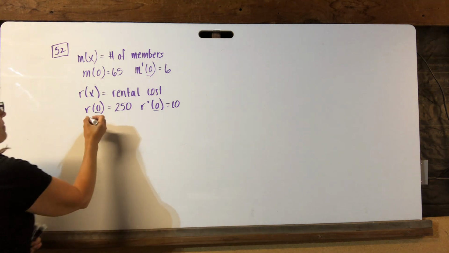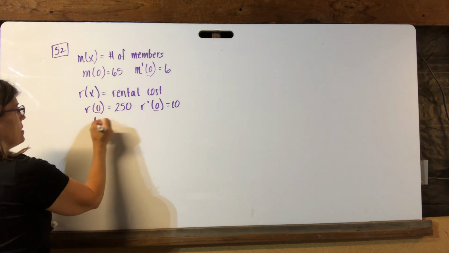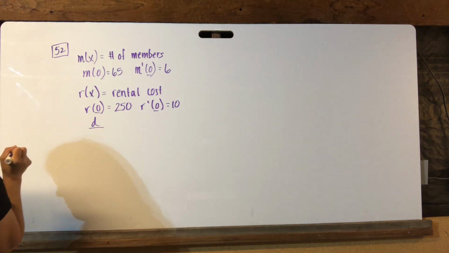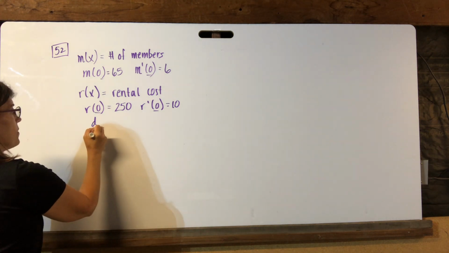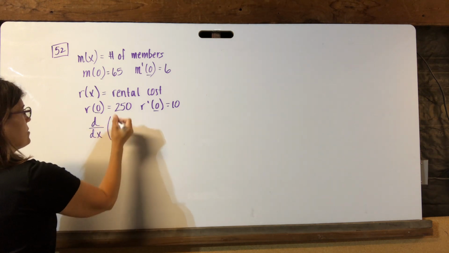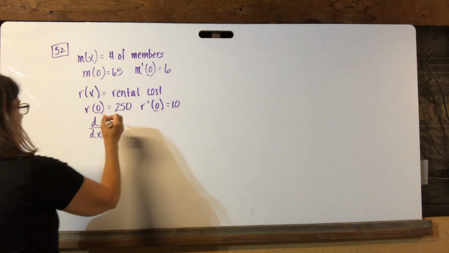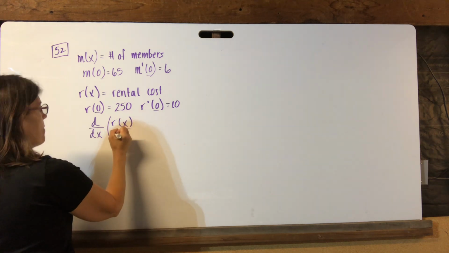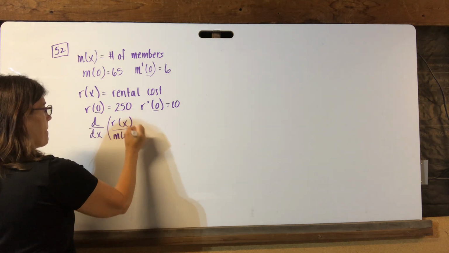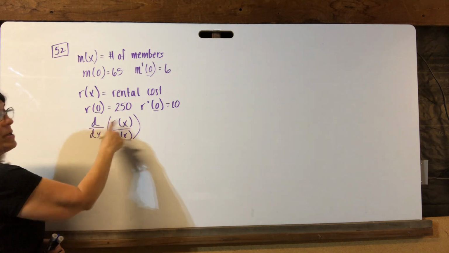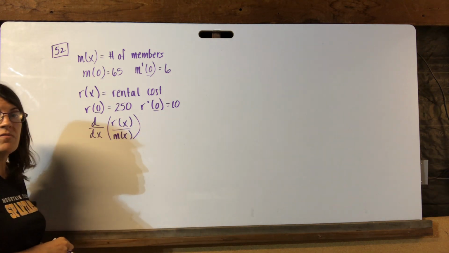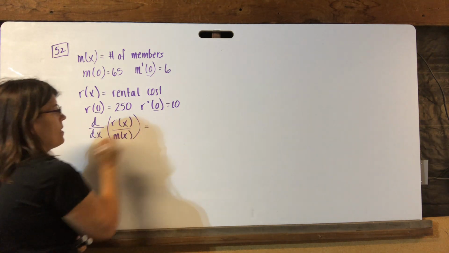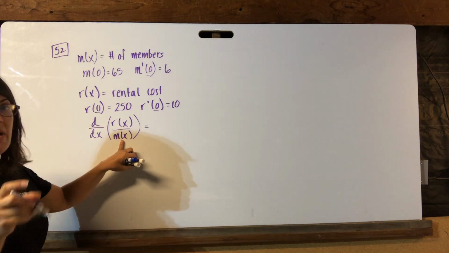so I want to find the derivative of, with respect to, the cost per member. R is the rental cost, M is the number of members. Okay, so this is going to be by the quotient rule.